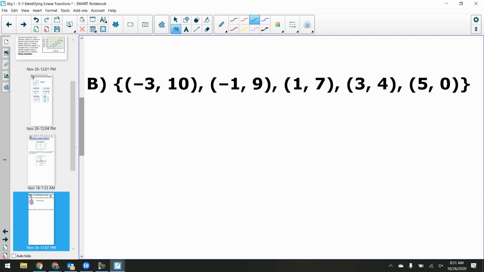So if we're explaining, can we just say constant slope? Sure. Yeah. Go ahead and do part B for yourself. Figure out if that's linear or not. Make yourself a table. See if there's a constant change.